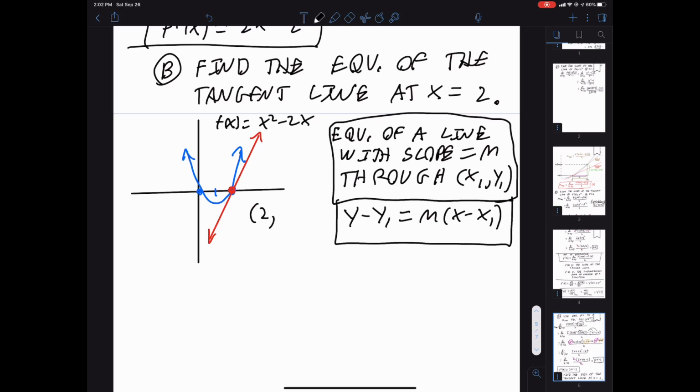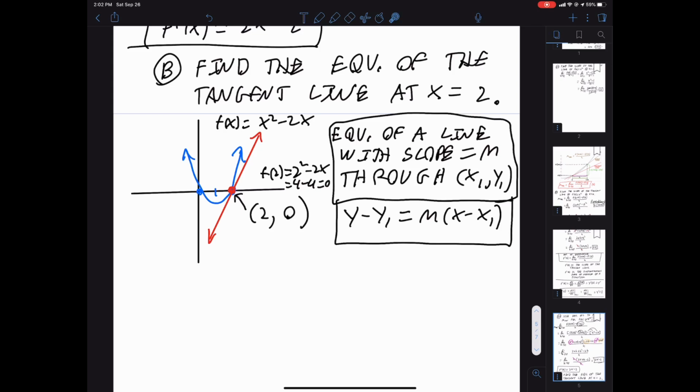That's going to be 2 comma something. How do I find the y-coordinate of that point of tangency? I just plug the 2 into f of x. It's f of 2, and if I work that out, it comes out to be 0. How nice. So now I have x1, y1.